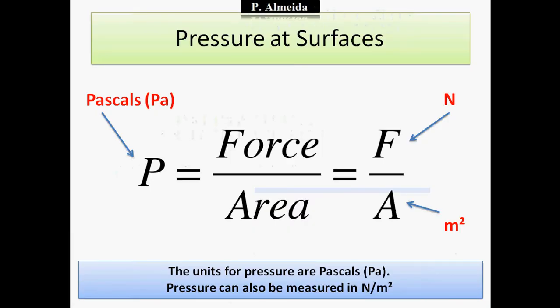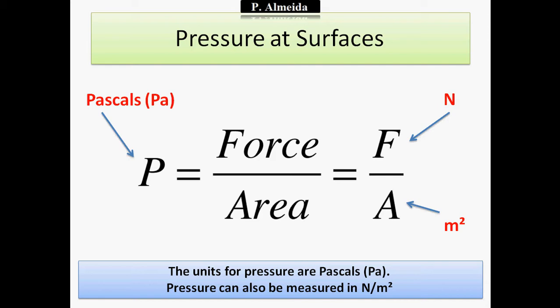Okay. So, pressure at surfaces. If you want to measure the pressure at any surface, what you need to do is to calculate the force over the area that the force is being applied on. Okay? So, the pressure comes in Pascal, which is the Pa, which is the same as saying Newton per meter squared. And this is because force comes in newtons, and the area, the surface area where the force is being applied, comes in meters squared.